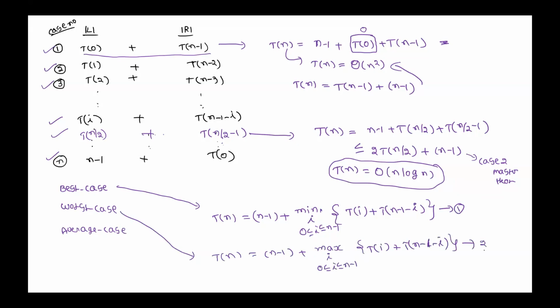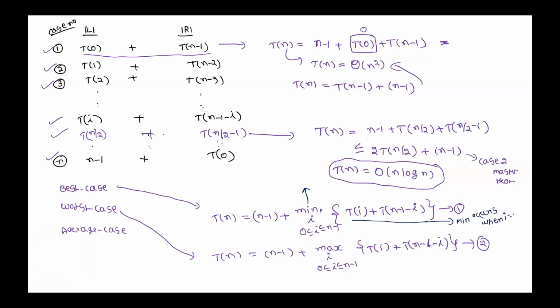This is the second case. Now, what do we need to find? For which value of I is this minimum? Minimum occurs when I equals n by 2.